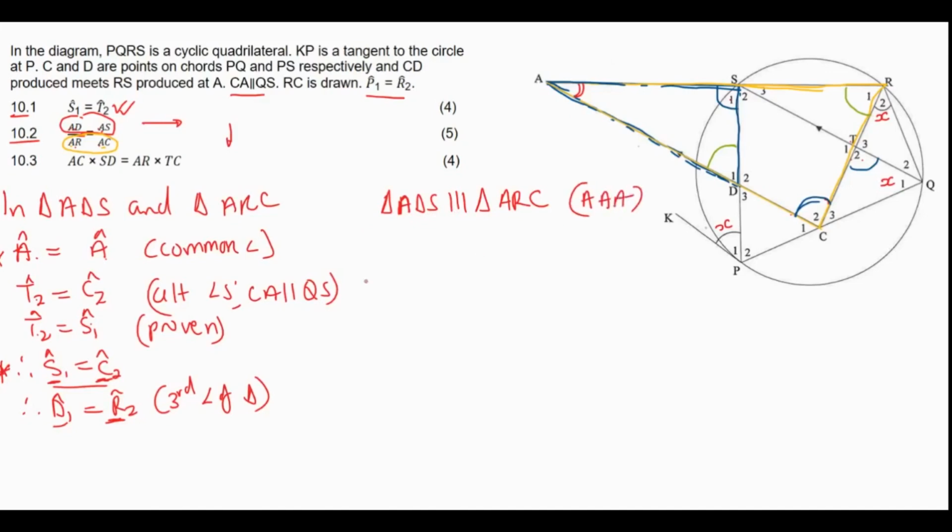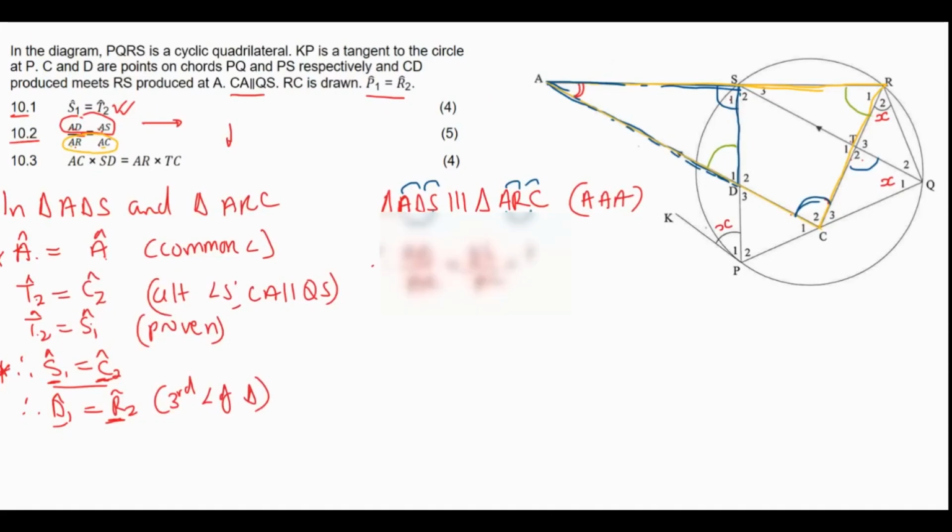Right, and then from this we can conclude and say therefore AD over AR is equal to DS over RC, and then is equal to AS over AC.